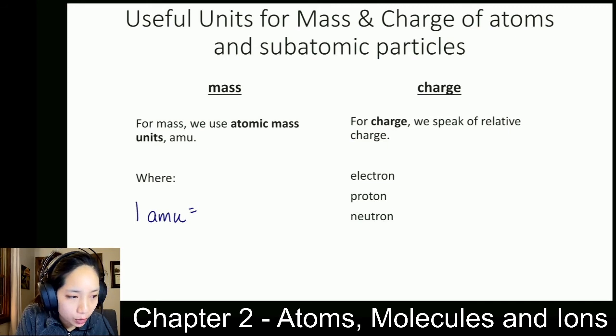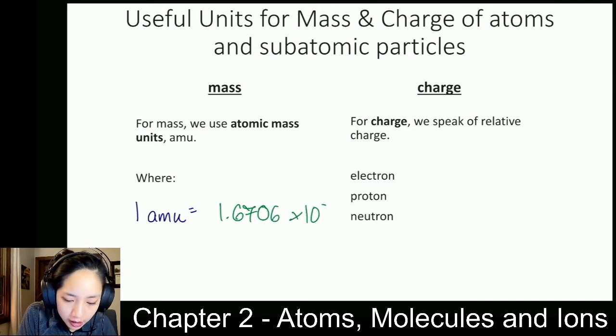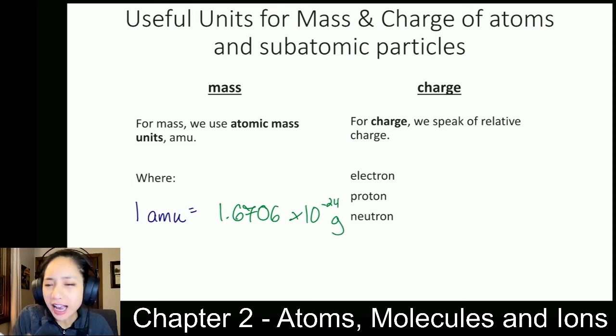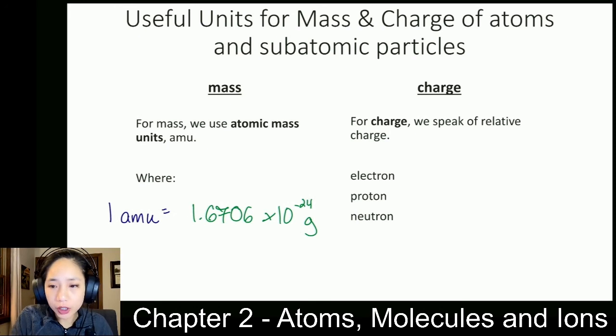So 1 AMU is 1.6706 times 10 to the negative 24 grams. And you'll see why we oftentimes use AMU when we talk about molar masses soon and in the next slide. So for mass of subatomic particles, we use the unit AMU.